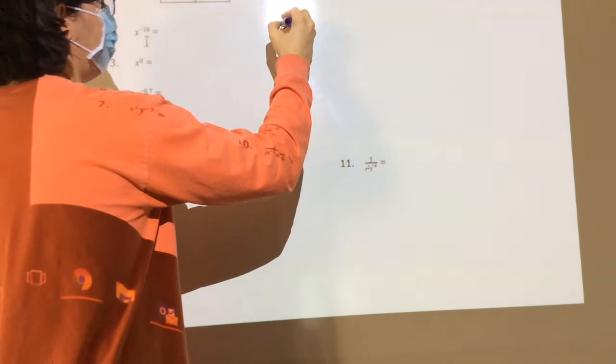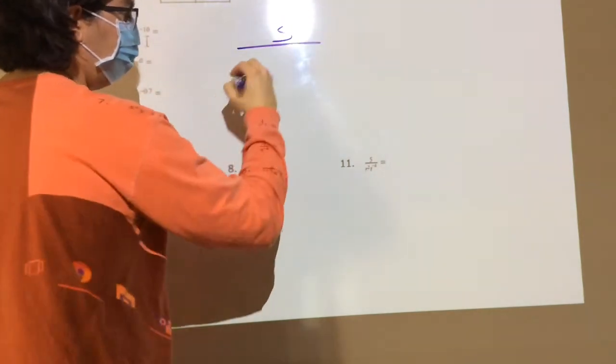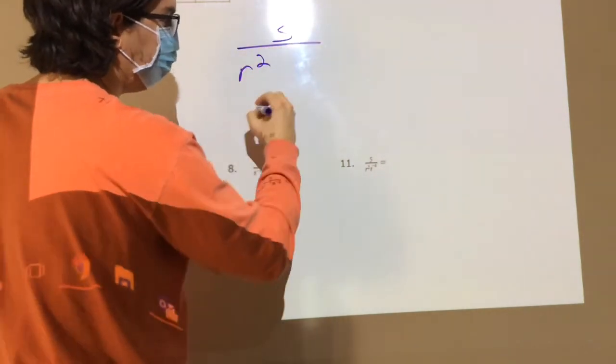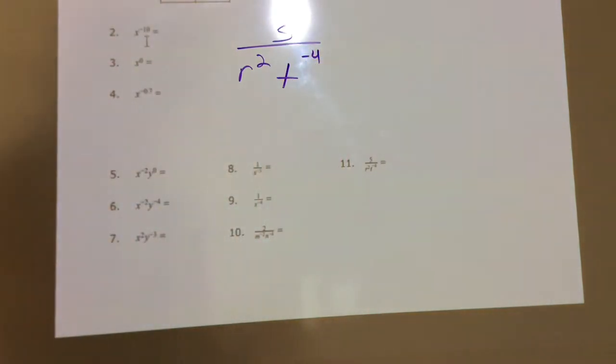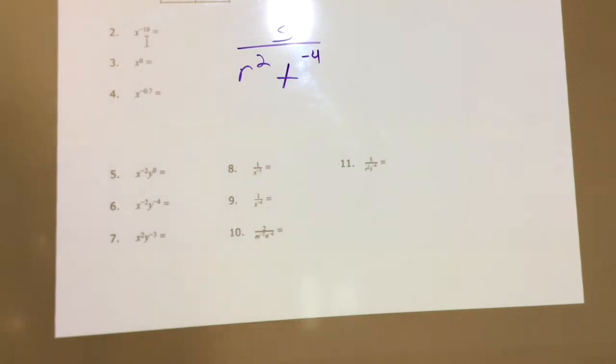All right, so 11, we're going to have 5 over r squared. We're going to call that t to the negative 4th. 5 over r squared t to the negative 4th.